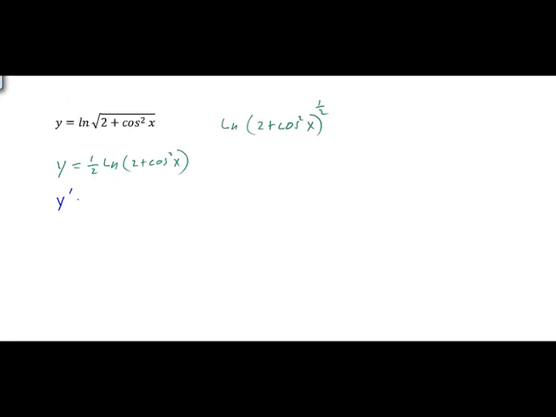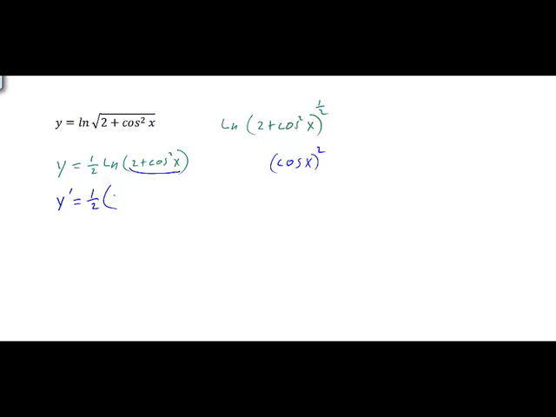So we could have y prime then, if we take the derivative, bring down our 1/2, that's going to be our constant multiplier. So now if we take the derivative of u, the derivative of 2 is 0, and we have cosine squared. Now here we're going to think of this maybe as cosine x, the whole quantity squared, remember. So really here we're going to have to use that chain rule as well.